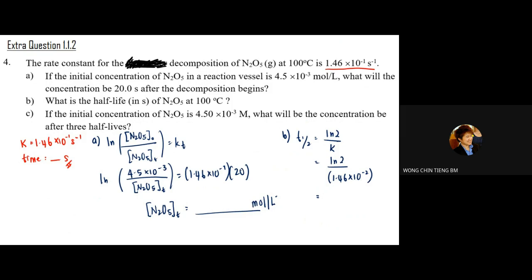Okay. So, what is your first half-life? 4.75 seconds. Okay. Let me repeat my question. Calculate the second half-life for the reaction. Or let me repeat my sentence in a more proper way. Calculate the time needed to reach the second half-life for the reaction above.